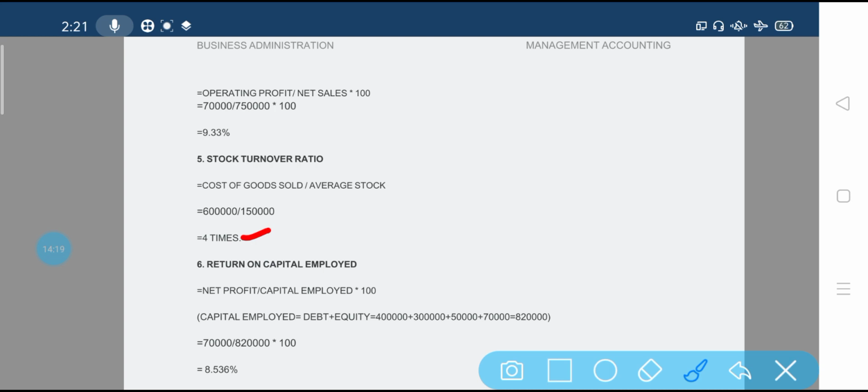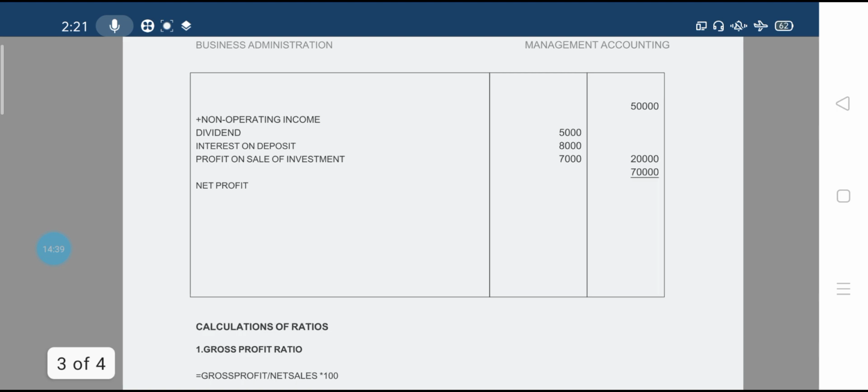Now return on capital employed. Return on capital employed: net profit divided by capital employed into 100. So what do we have to take for capital employed? Debt plus equity. Let's see what all the debts they have.